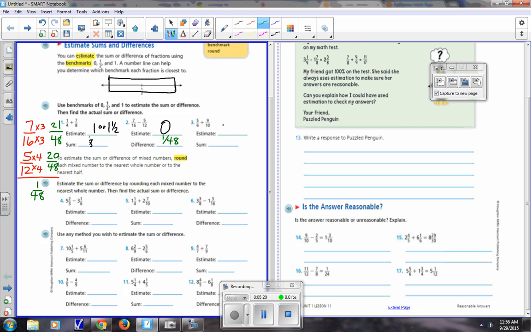2. Good job. So if you're actually, truly adding these, 5/6 and 9/10, I'm going to go with 30ths as my common denominator. So I have 52/30ths, which is 1 and 22/30.